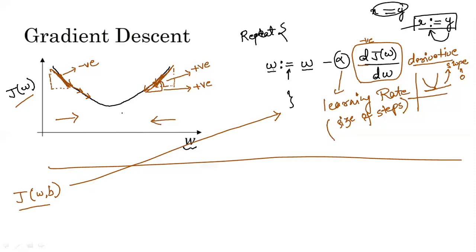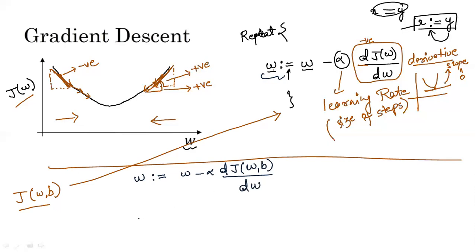Previously you were only updating the parameter w, but now you would have to update both the parameters w and b. So what will be the equation? w colon equal to w minus alpha, that is the learning rate, times d of j of w comma b whole upon d of w.